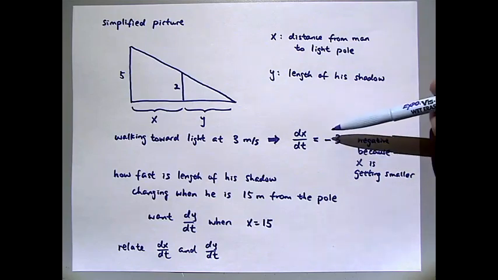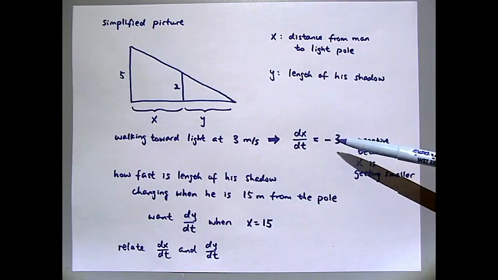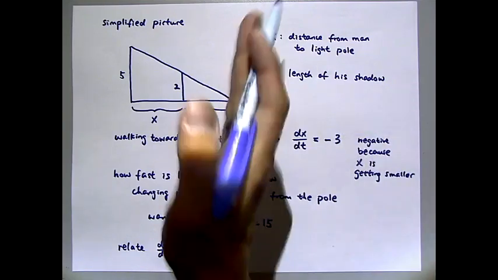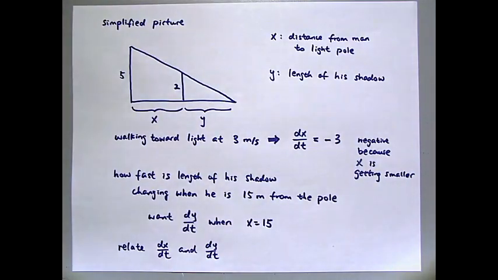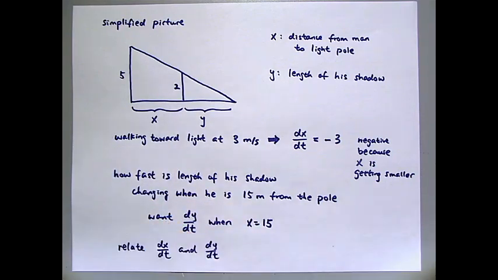We'd like to know how that is affected by this. Where you are from the light determines how long the shadow is. So if you're changing distance from yourself to the light at any time, the shadow behind you will be changing length. Right, so now we've got to relate x and y.